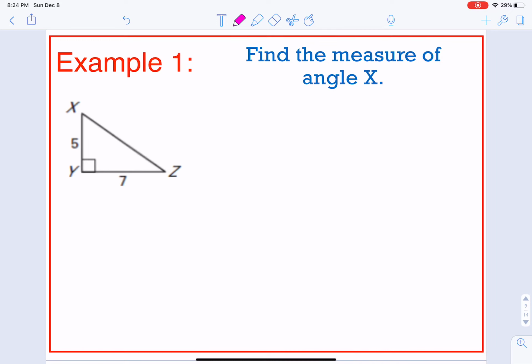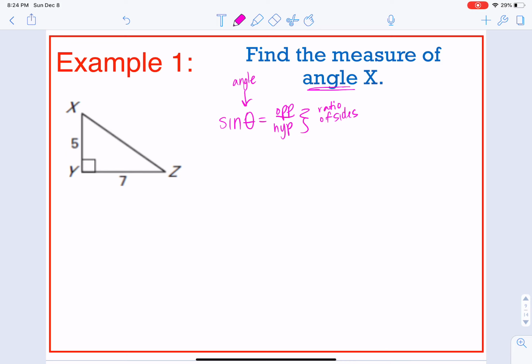This is saying find the measure of angle X. And you'll remember from the beginning of this video that sine of theta is the opposite over the hypotenuse, and I input angle measures into these trig functions, and it outputs a ratio of their side lengths.